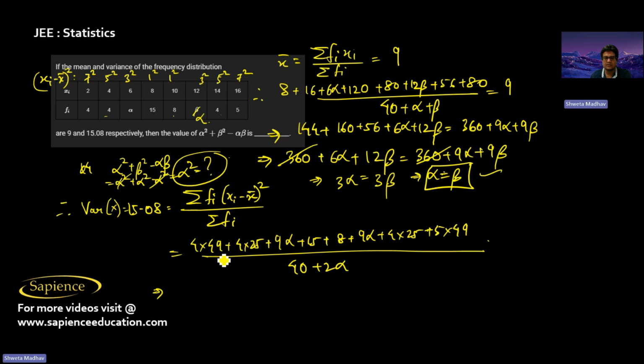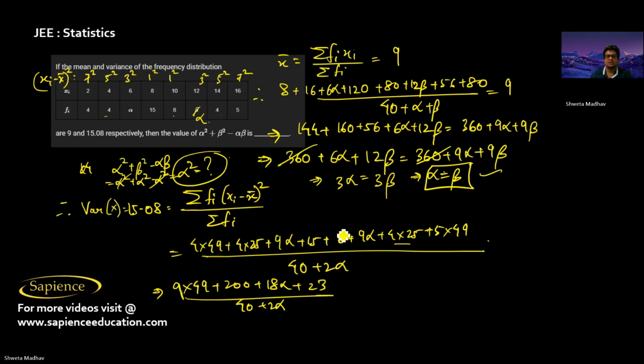So therefore, I can say that 4 plus 5, so it is actually 9 into 49 plus 50 plus 25 for 100, 100 plus 100, that is 200, 200 plus 9 alpha plus 9 alpha, that is 18 alpha, plus 15 plus 8, that is 23, divided by 40 plus 2 alpha, that is equal to 15.08.